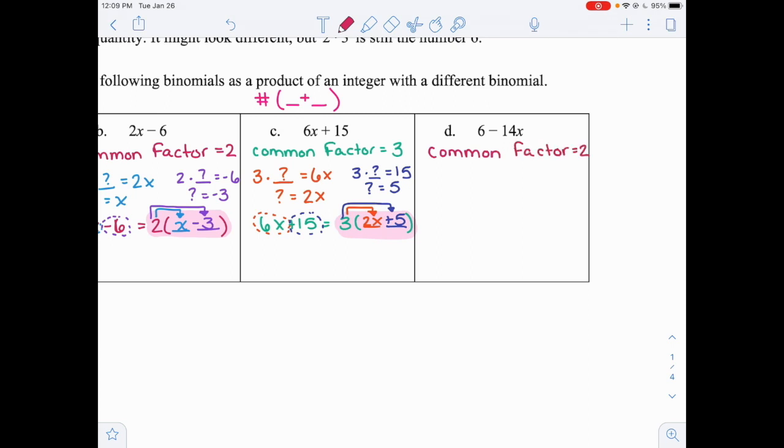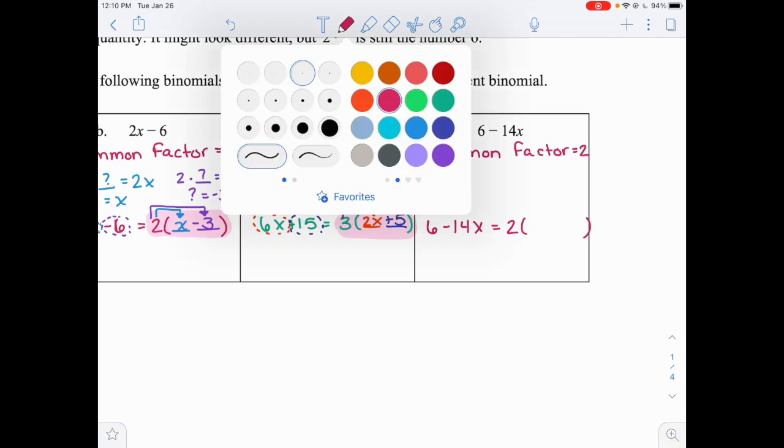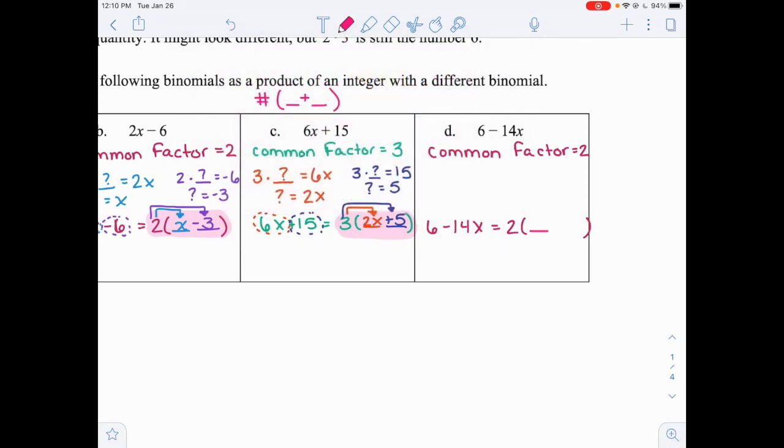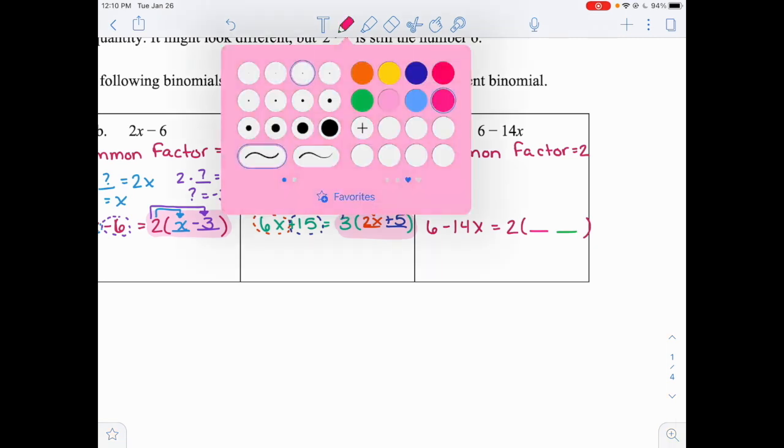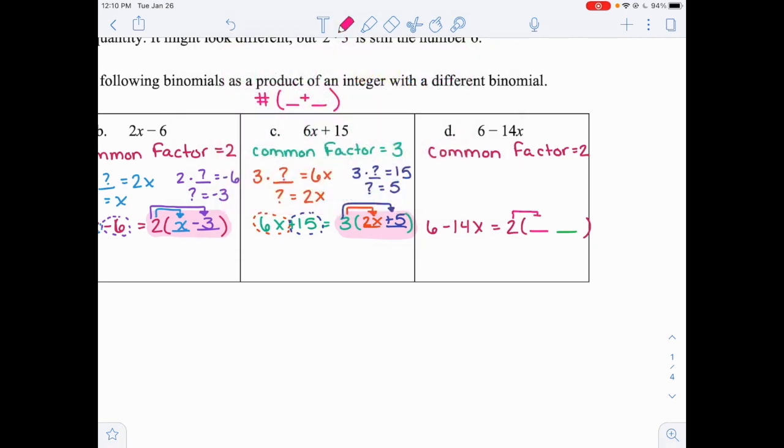That's the largest number I can divide 6 and negative 14 by evenly. So we're going to have 6 minus 14x equals 2 times some binomial. I need to fill in the binomial. So we should have 2 times something getting me to 6, and that something is 3.